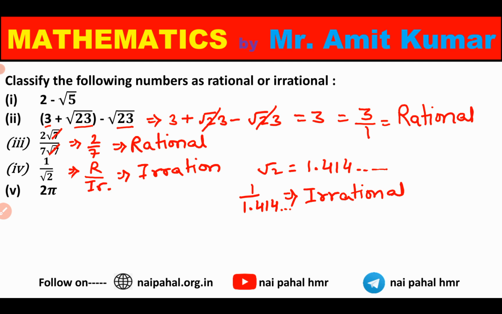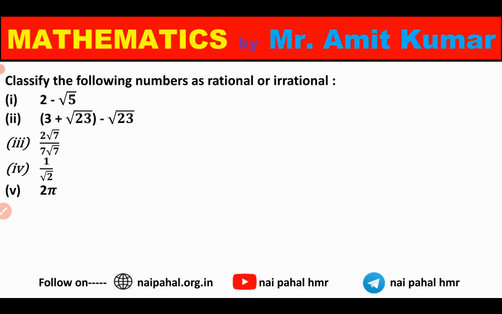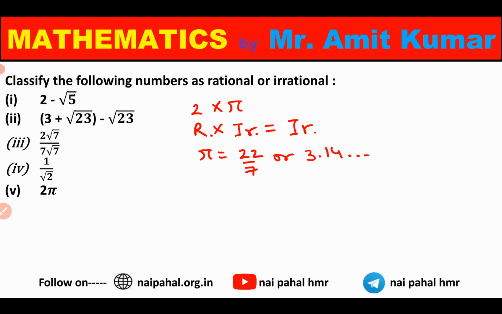Now in the next case we have 2 pi, where we can say 2 multiplied by pi, where 2 is a rational number multiplied by pi, an irrational number, so the answer will be irrational. As we know, the value of pi can be taken as 22 upon 7 or 3.14150 and so on.